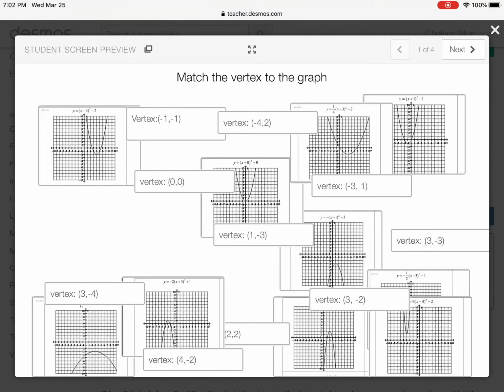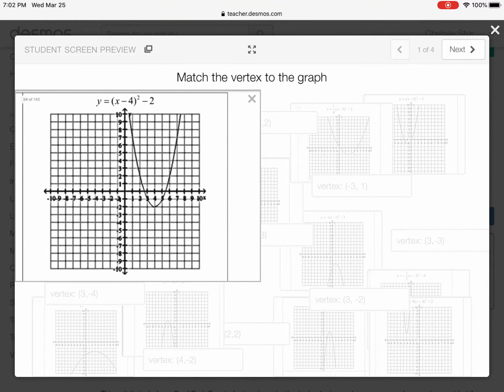For me, it's actually easier if I click on the graph and match the graph to a vertex number. Right now I'm looking at this, and it says x minus 4 squared minus 2. My x minus 4, that minus 4 needs to be the opposite.